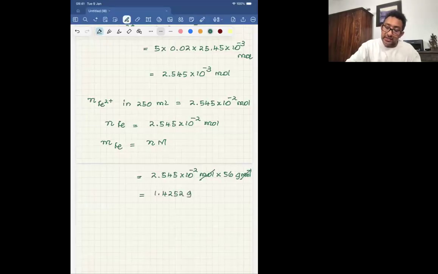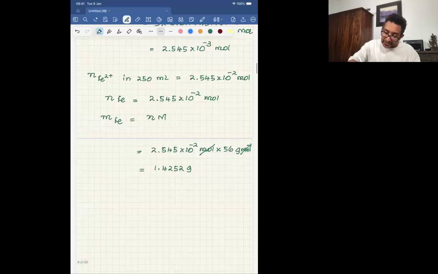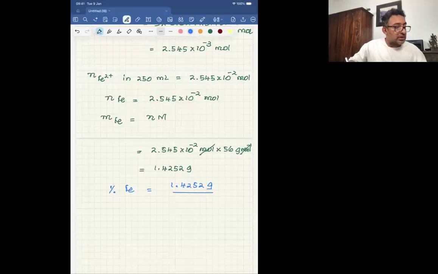What do they ask? They ask you to calculate the percentage. Percentage of iron is equal to 1.4252 in how many grams? How many grams did we take? 1.51 grams.